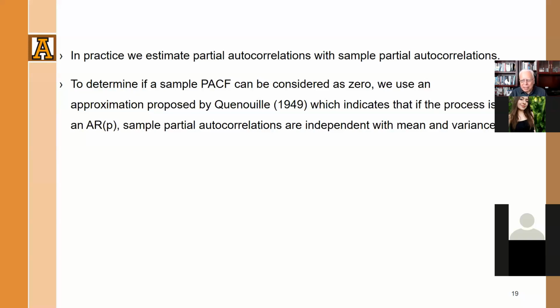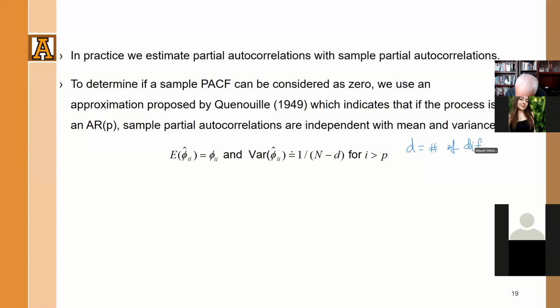He made that approximation assuming that if the process is an AR(P), the sample partial autocorrelations are independent with mean 0 and variance approximately equal to 1 over n minus d, where n is the sample size and d is the number of differences, that is, when we take the dth difference of a series. We'll talk about this later.